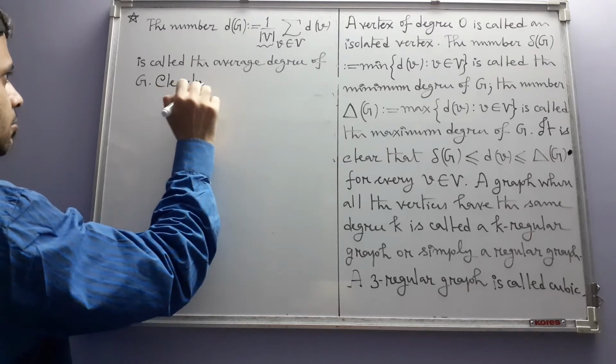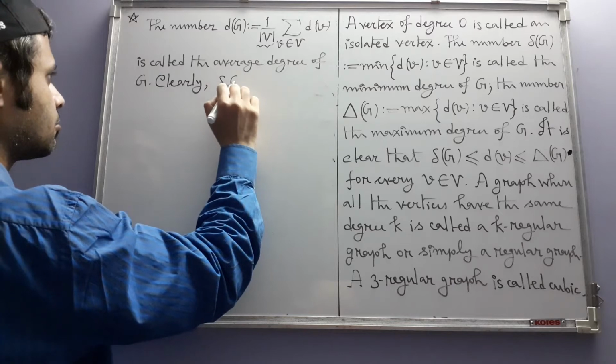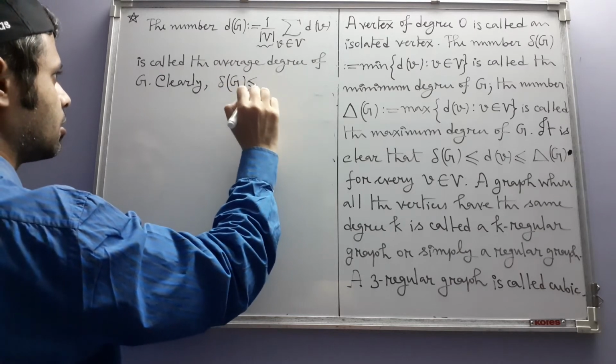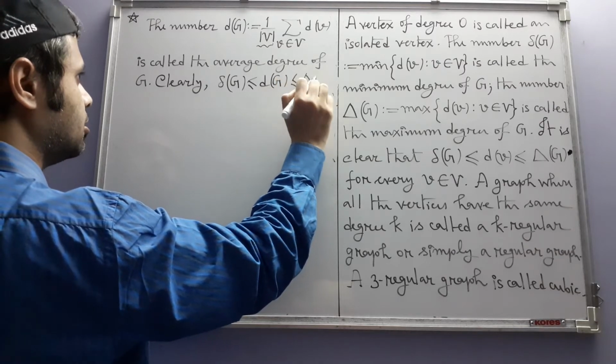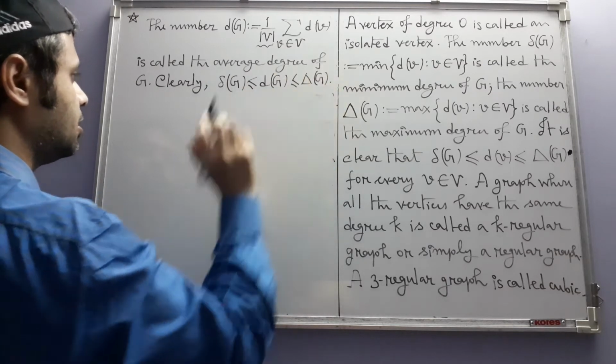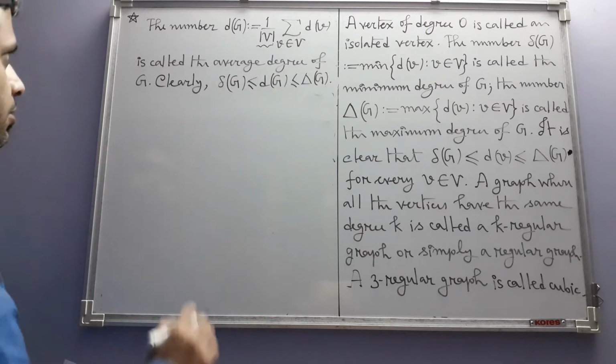Clearly the minimum degree, the average degree and the maximum degree are related by these inequalities. How can you verify this? It's simple.